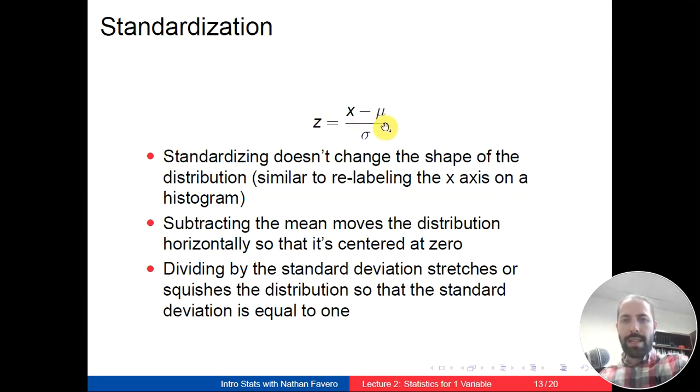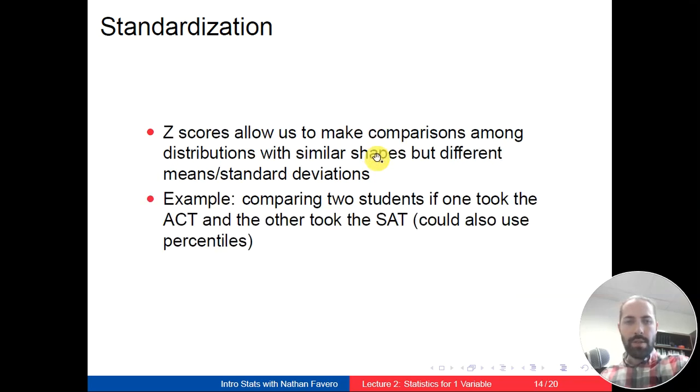We just have to know the average ACT score, the average SAT score, and the standard deviation of the two exams. And that would allow us to say something like, well, maybe student one scored one standard deviation above the mean on this exam, while student two took a different exam but scored 1.5 standard deviations above the mean. And that could give us a rough way to compare the two students who took different exams.